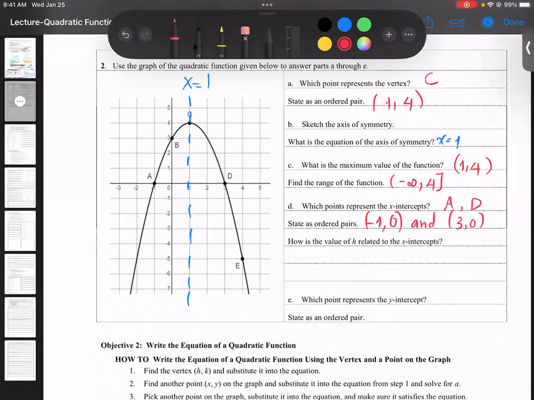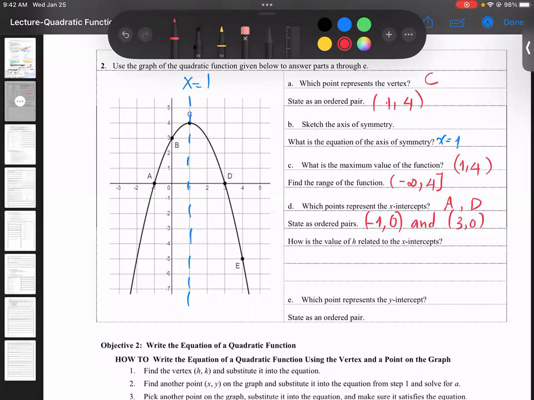(3, 0). How is the value of h related to the x-intercepts? How is 1 related to the x-intercepts? Yeah, absolute value. That's not what I'm looking for.